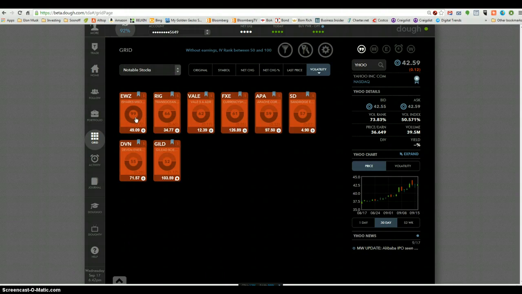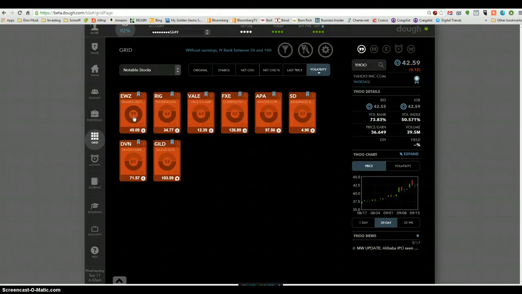Why? Because when you sell premium, you want to sell when IV rank is high. You sell high and buy low, so you want to sell when IV rank is high and buy it back when IV rank drops. We're looking for stuff over 50 because IV is the only thing that usually reverts to its mean, not necessarily price.